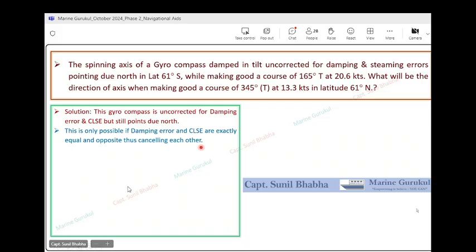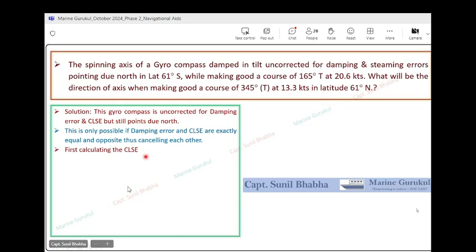Since the compass is uncorrected, damping error will be present. The steaming error will also be present. And the only way you could have a zero gyro error is if both these errors cancel out each other. That means they are equal and opposite.